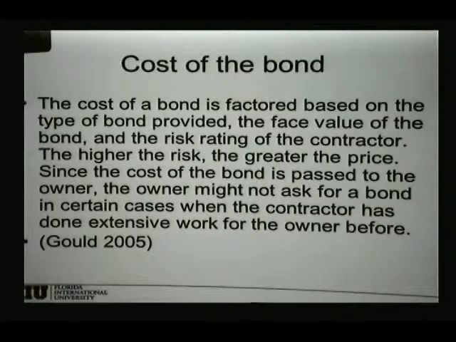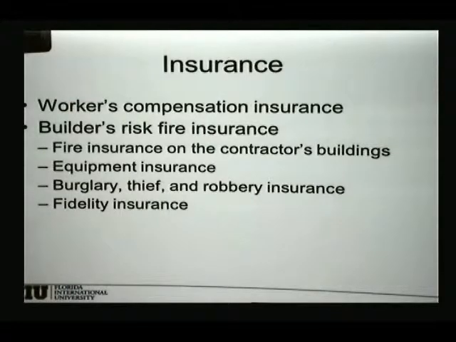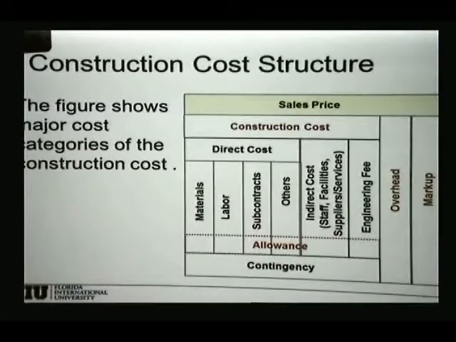So it may be different for different companies. Then you have insurance, workers' compensation, builder's risk, fire insurance, equipment insurance, burglary, theft, or whatever. Any of these insurances, all of those are costs that add to your project and are indirect costs, right? So you need to consider those when you're preparing your cost estimate.